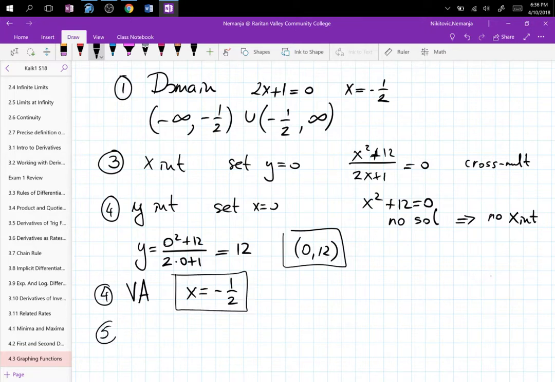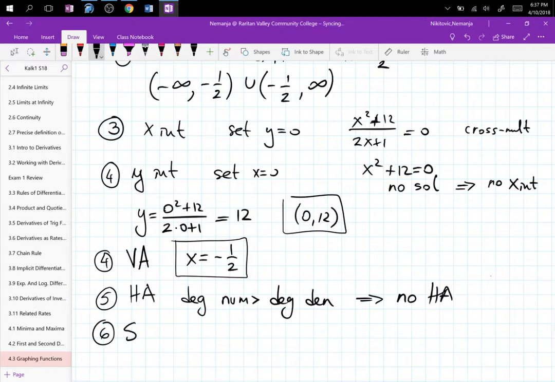Do we have a horizontal asymptote? No. Is the degree of the numerator larger than the degree of the denominator?